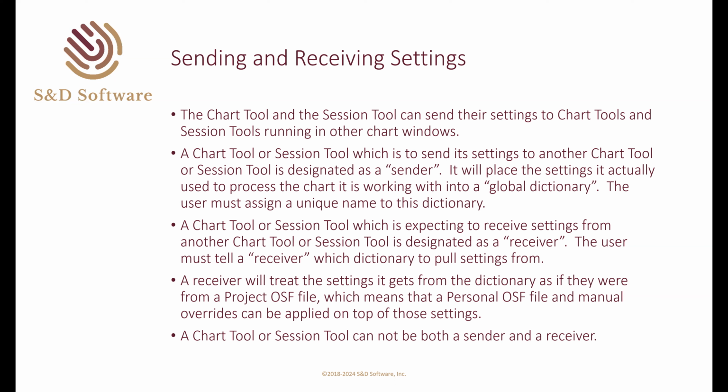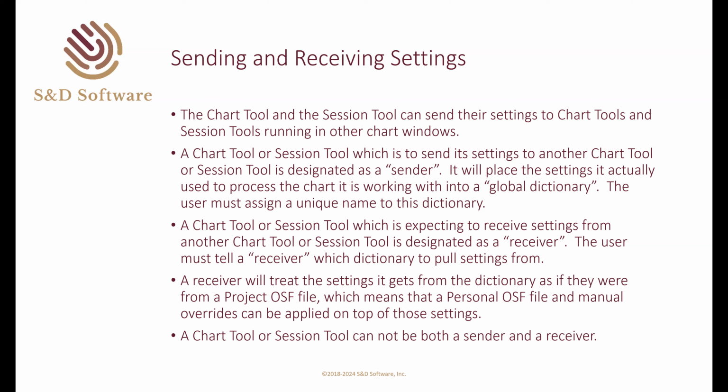So you're going to have one window, which is going to be the sender. And the sender is going to place the settings that he actually uses to process the chart in his window to other chart tools in other windows, which are going to be receivers.